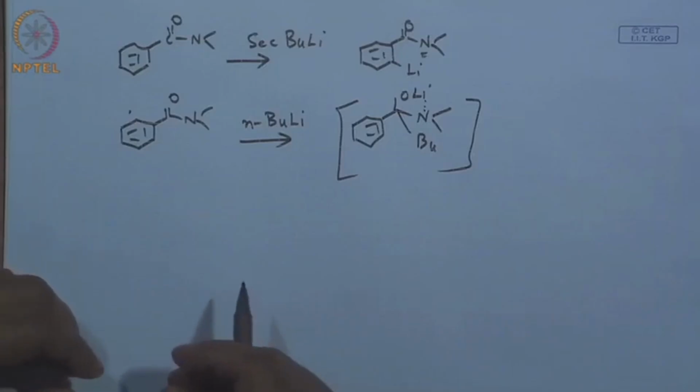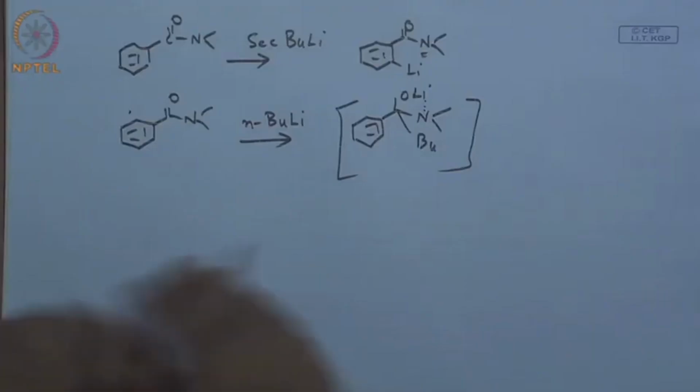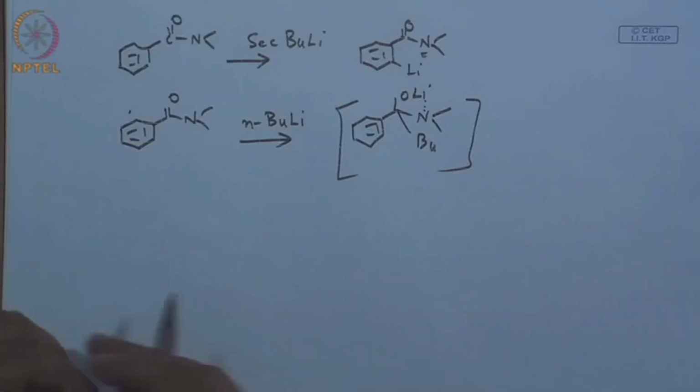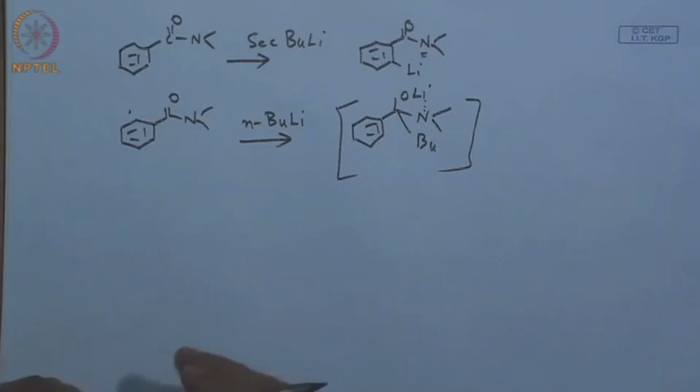And the third point to be noted is that organolithiums have a tendency to be soluble in organic solvents. Of course, many of you probably know who is the father of organolithium compounds. You have to know a little bit of history also.